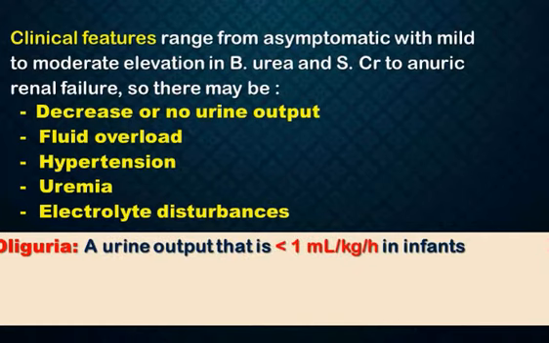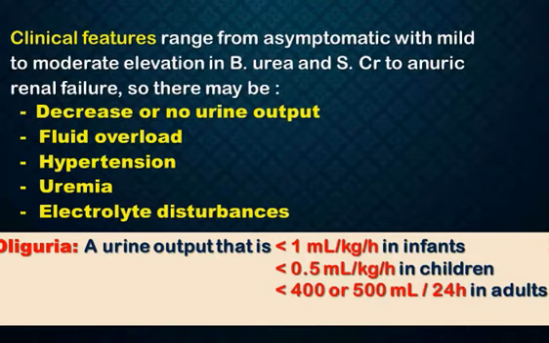So what is oliguria? We heard it and repeated it more than one time in this lecture. The definition of oliguria is urine output less than 1 ml per kg per hour in infants, less than 0.5 ml per kg per hour in children, or less than 400 or 500 ml per 24 hours in adults.